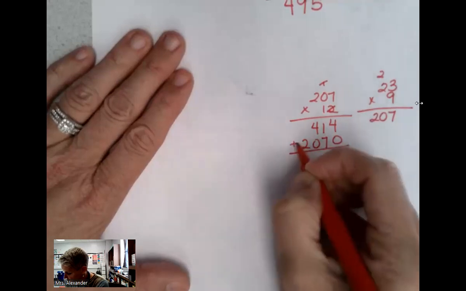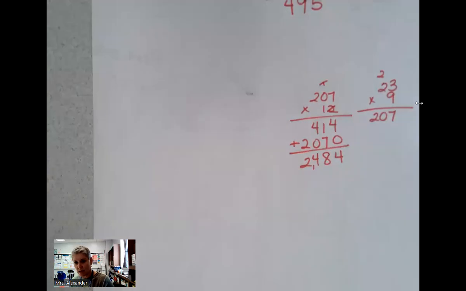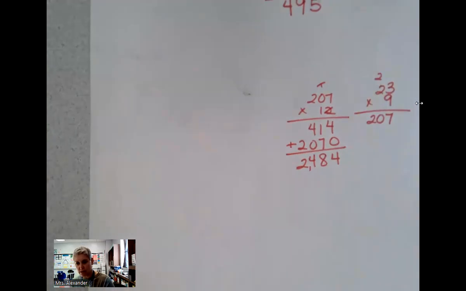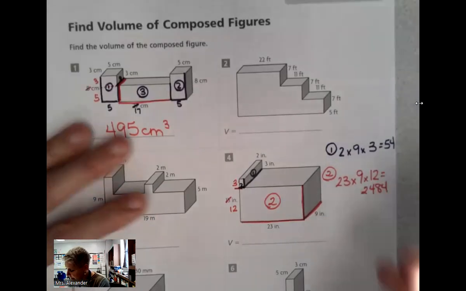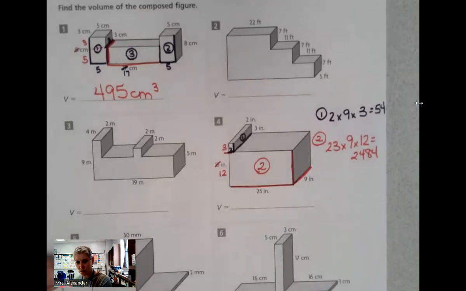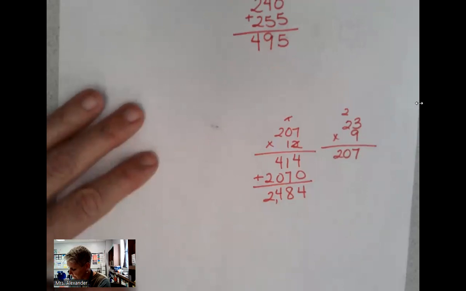Hopefully you're working along. And we'll get 2,484. I'm going to add that tiny little one that we figured out a moment ago in figure 1. I'm going to add the 54.